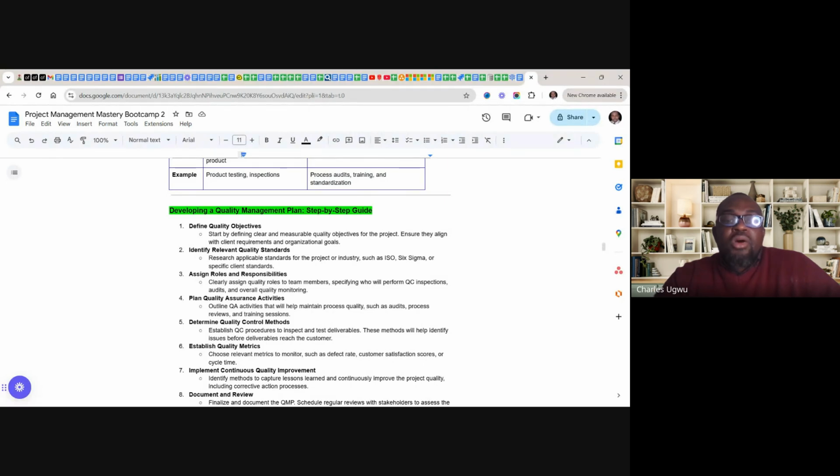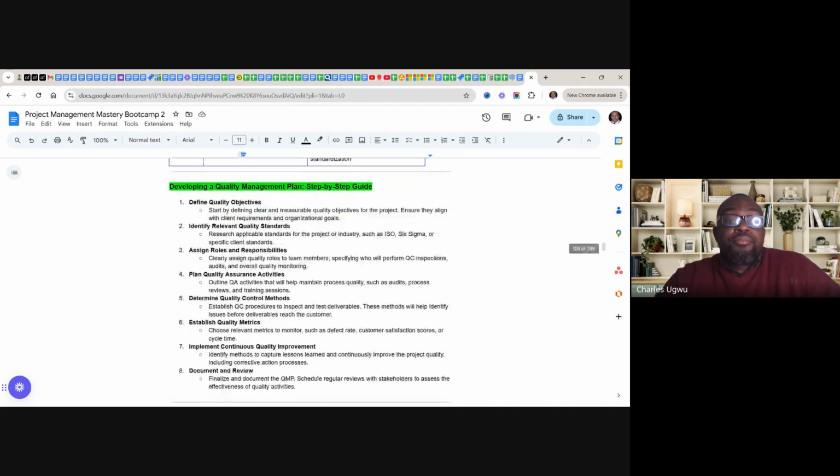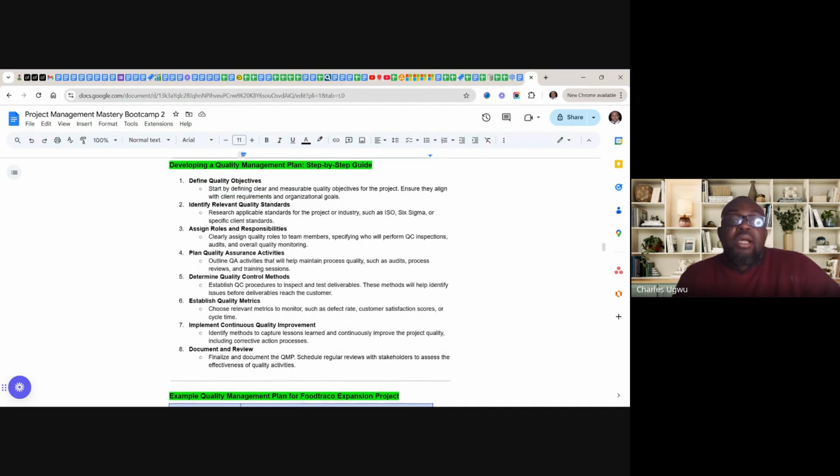Number five, determine quality control methods. Establish quality control procedures to inspect and test deliverables. These methods will help identify issues before deliverables reach the potential customers. As we proceed, we are going to understand how to create test cases, tests, and conduct various testing in software.